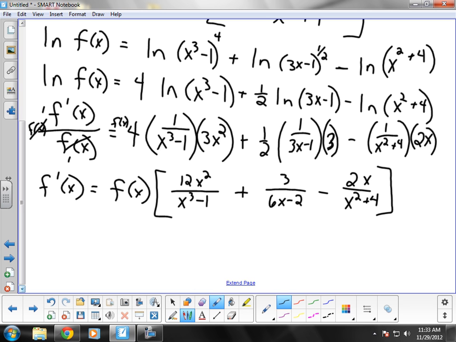Now, we're not exactly through, because I don't want to leave it at f of x, but what do I know f of x is equal to? That's exactly right. X cubed minus 1 raised to the 4th times the square root of 3x minus 1.